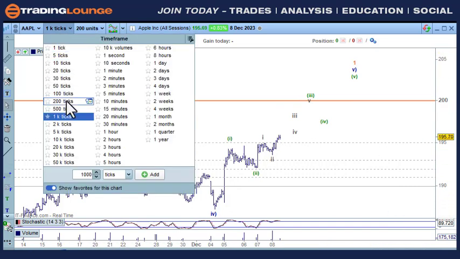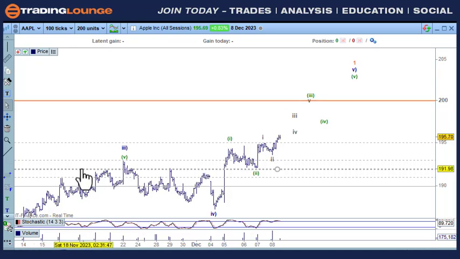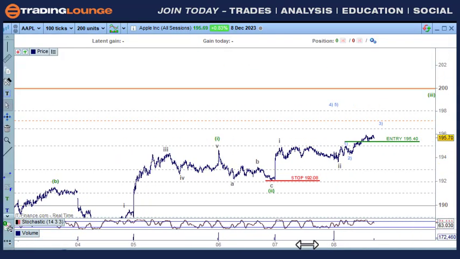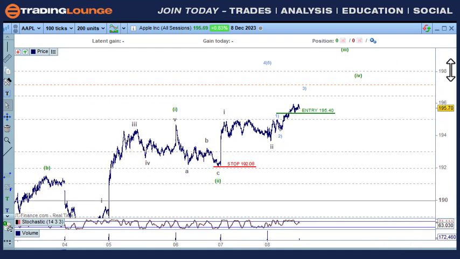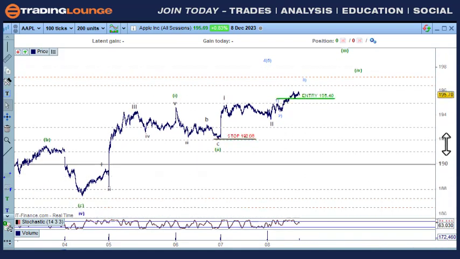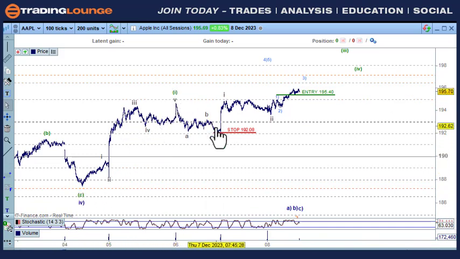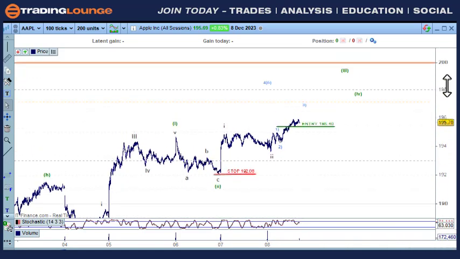On the 100 ticks, going in a bit smaller to drill in on this area here, I thought you could trade this up if you wanted to. From this blue wave 4 here, we're counting up as 1, 2, 3, 4, 5 for 1, A, B, C for 2, 1 here, A, B, and C for 2 here. So you can see that it's building here.